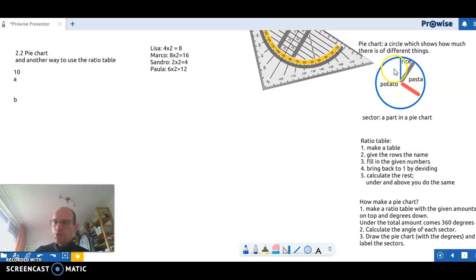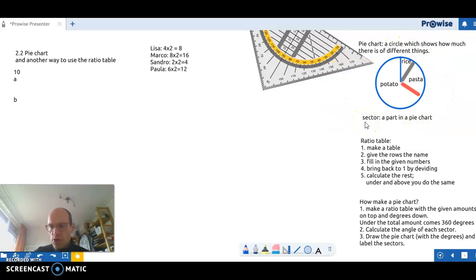So 60% of the people eat potato, and then this would be like a quarter, so 25%, and then what is left is 15%, because we need to have a full 100% for everything. Each part of the pie is called a sector. So a sector is a part in the pie chart.